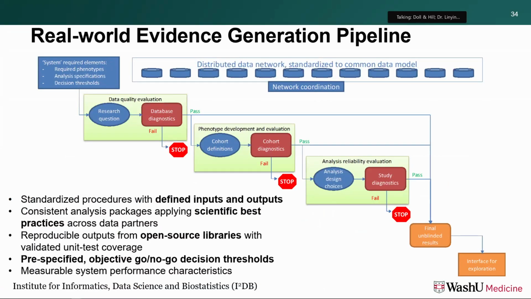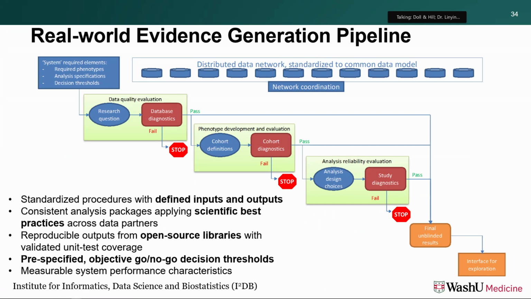So to quickly reorient where we are: what I just went over with you is the large-scale propensity score model and also the set of diagnostics that we implement for doing population-level evaluations, comparing treatments in terms of their effectiveness or safety across databases.